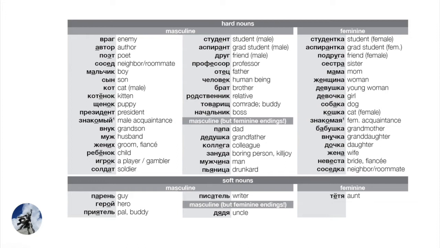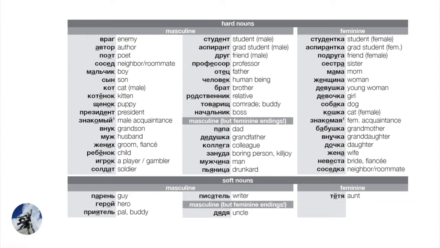Some adjectives can stand alone as nouns. Внук, муж, жених, ребенок, игрок, солдат, студент, аспирант, друг, профессор, отец, человек.